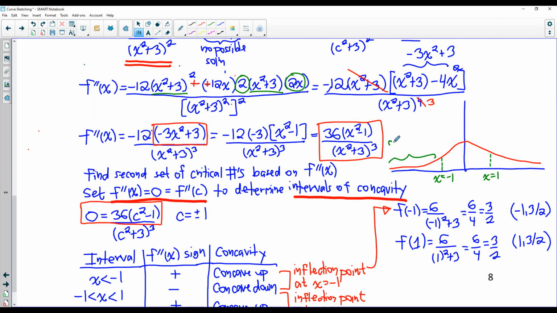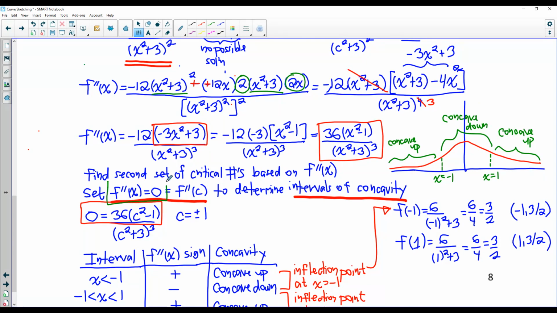So this section right here is a part of the graph that will be concave up. If you take this interval between -1 and +1, that's a portion of a parabola where it's opening downward. So this entire portion here is concave down. And then this portion, once again, you have a portion of the parabola where it's opening upward. So that would be concave up.